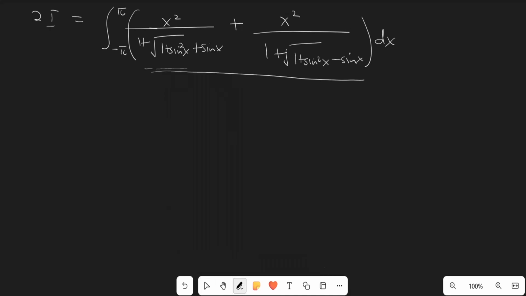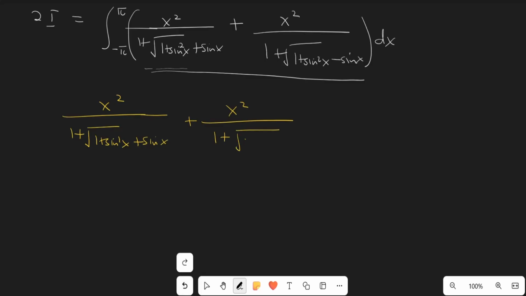So we are going to simplify x squared all over 1 plus the square root of 1 plus sine square x plus sine of x, plus x squared all over 1 plus the square root of 1 plus sine square x minus sine of x.